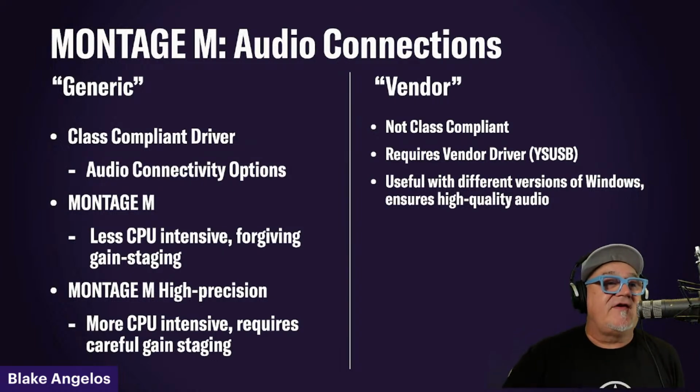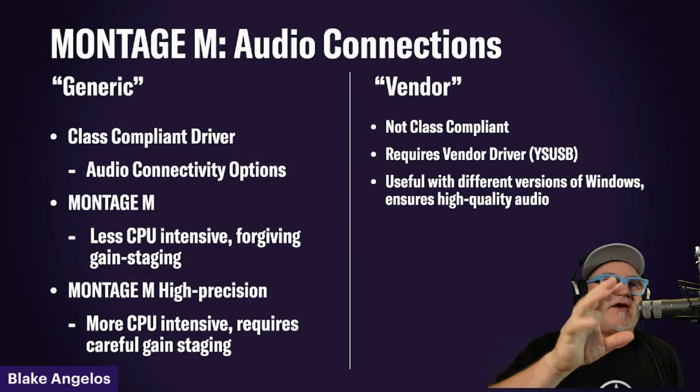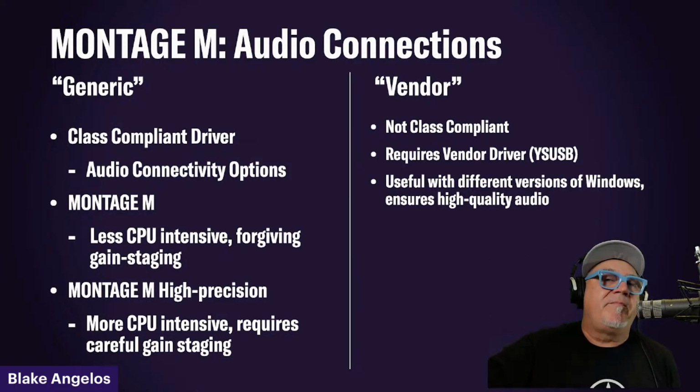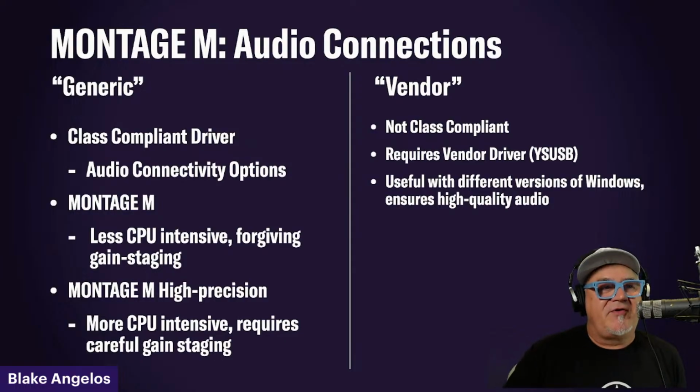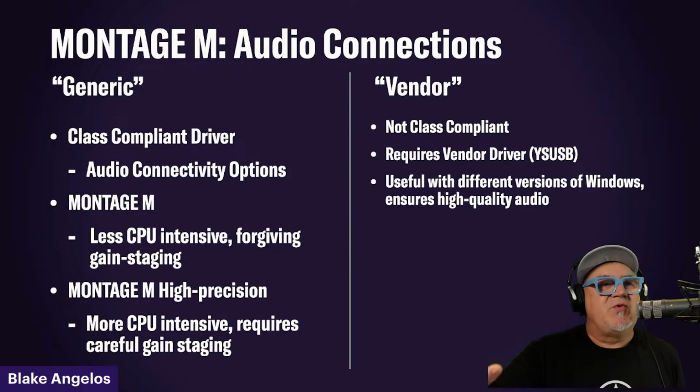Now, there's other things in here too. When you open up your DAW, sometimes you'll get, and it depends on whether or not your computer is fast enough to handle the high precision driver, two choices: Montage M and Montage M High Precision. And people ask, so do I choose high precision? What's the difference between the two?